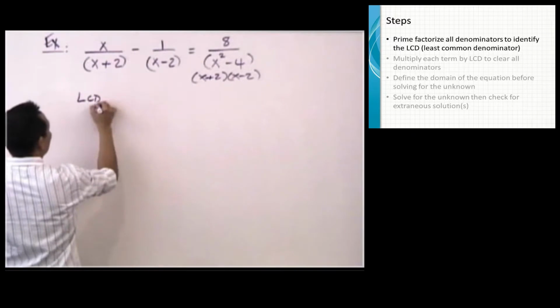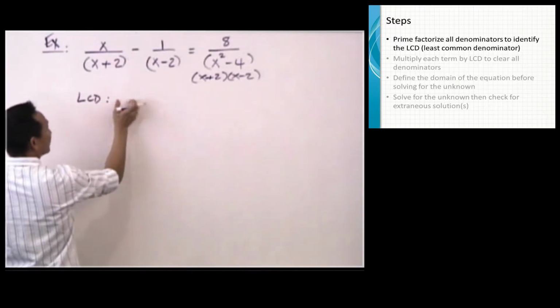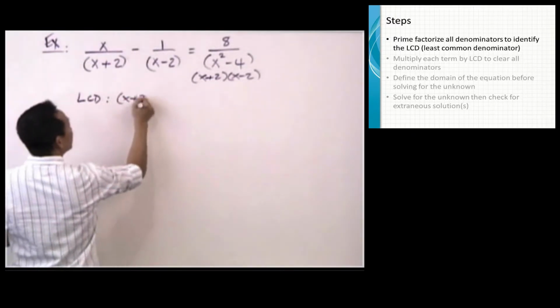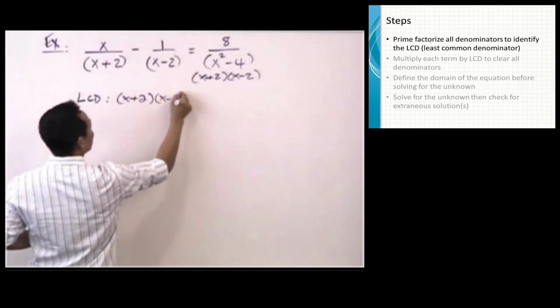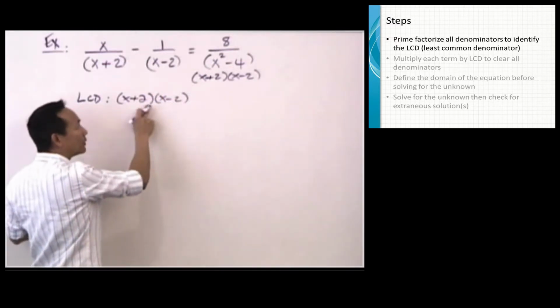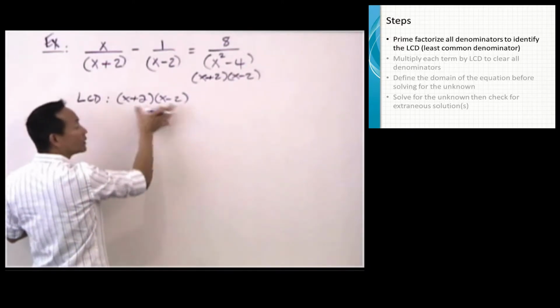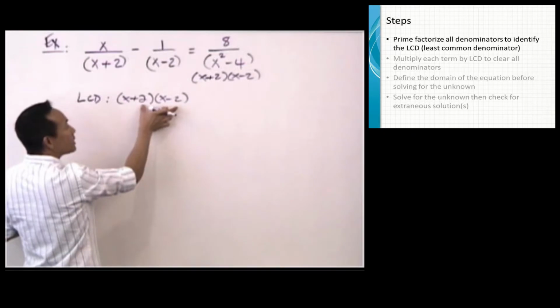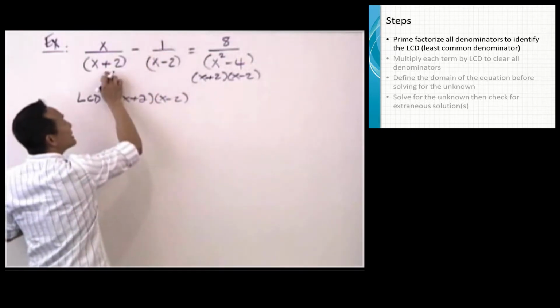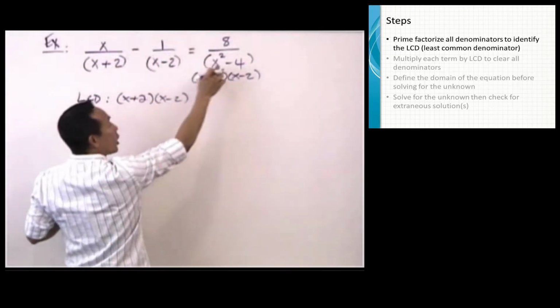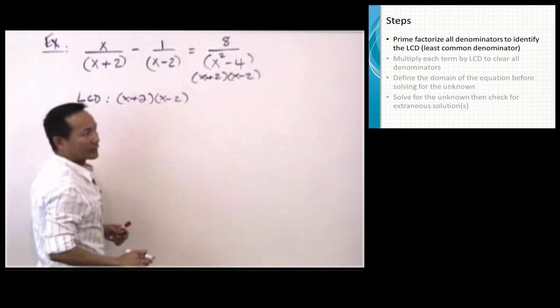This is the first step. The LCD is (x plus 2)(x minus 2). That is the series of primes put together by multiplication, such that this series will divide all the denominators evenly.